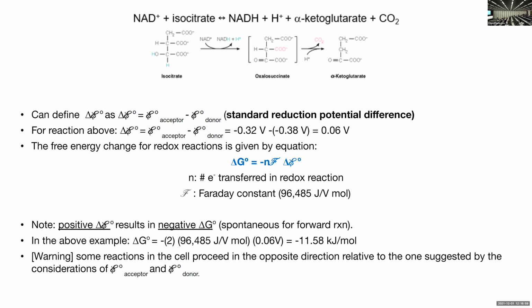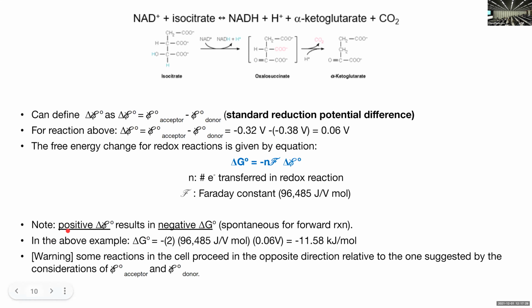So you can tell whether this reaction will likely occur spontaneously or not by looking at the delta E naught value. That equation has delta G naught equals negative N F delta E naught. Here N is the number of electrons transferred in the redox reaction, and F is the Faraday constant, which is written right here.